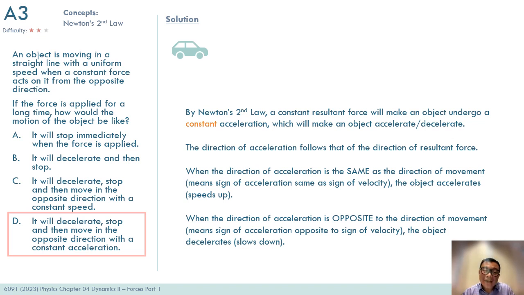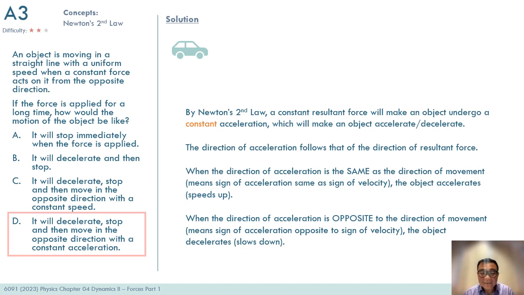In this scenario, when there's a backward force acting on the car, that is the resultant force direction, and the acceleration direction on this car is therefore also backwards. The third and fourth point relates acceleration to velocity, and this is something that I shared with you in the chapter on kinematics.